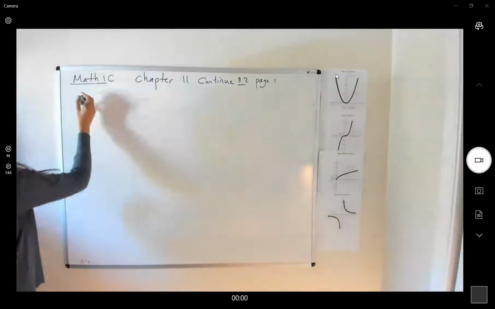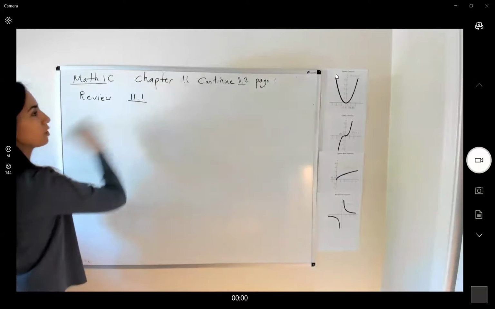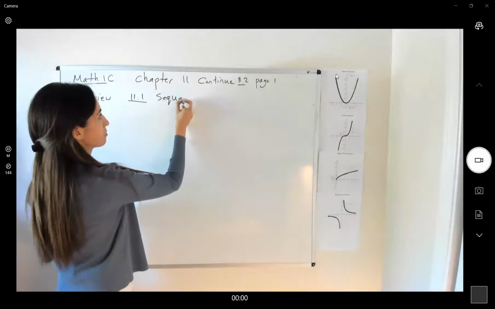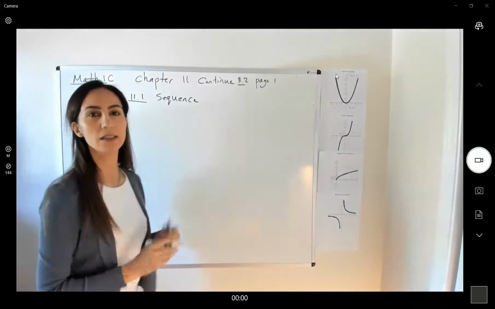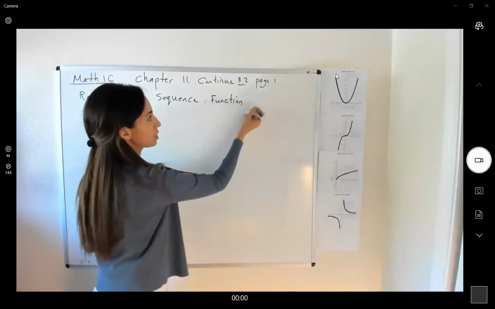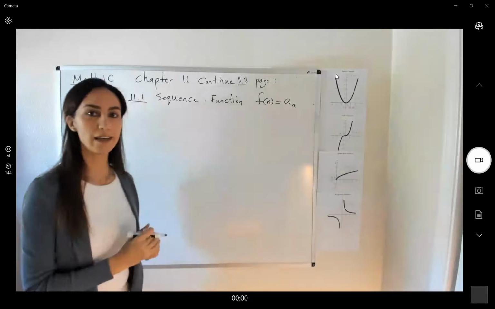So what we learned so far, review of 11.1, we talked about sequences. A sequence is a function. As a function, f of n equals a sub n.